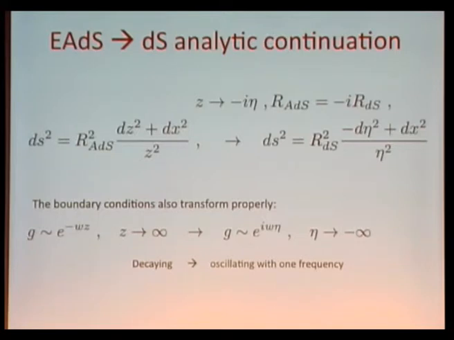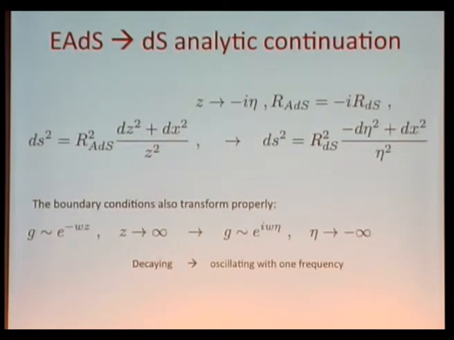Something that is less trivial is the fact that the boundary conditions also transform in an appropriate way. So if we added here a small metric perturbation, and here also a small metric perturbation, then the boundary values, if they were real before, will be real also in the other problem. And also the boundary conditions that we are putting in the interior of the space transform into each other under this transformation.